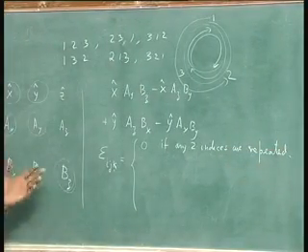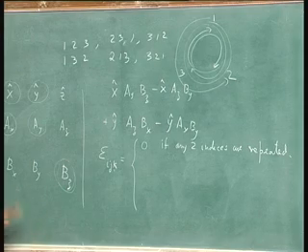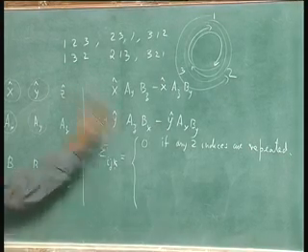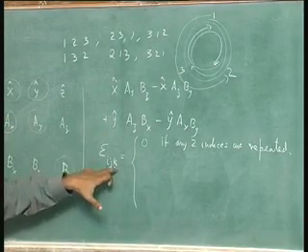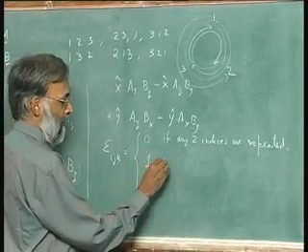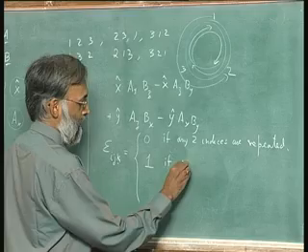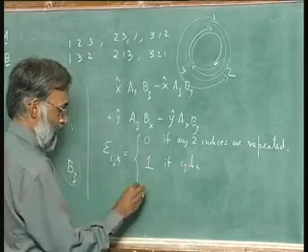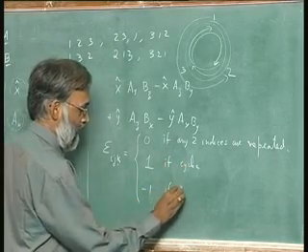So, if you have 1, 2, 2 or 2, 3, 3, then it is 0. They have to be different indices for it to be non-zero. It is equal to 1 if cyclic. It is equal to minus 1 if anticyclic.